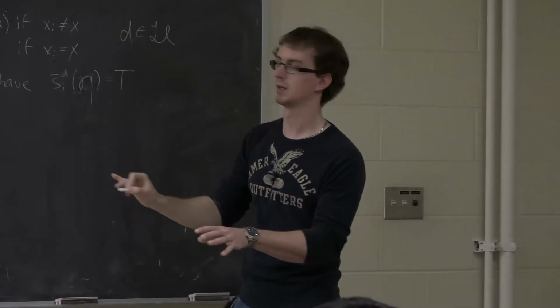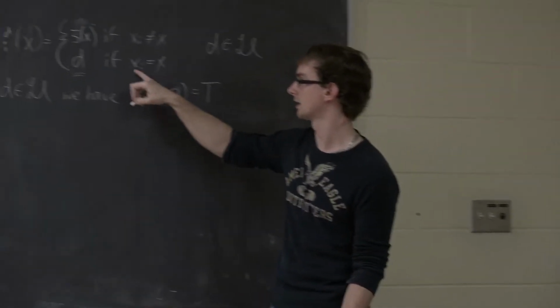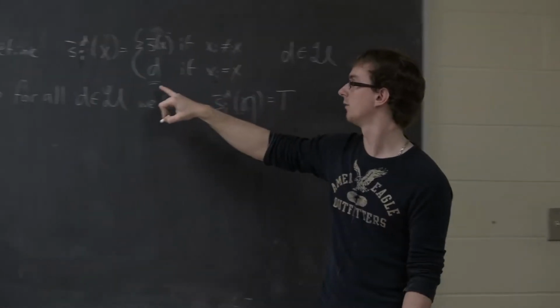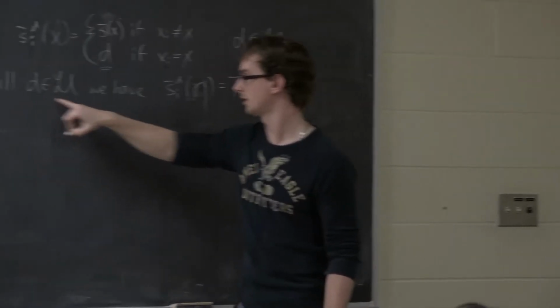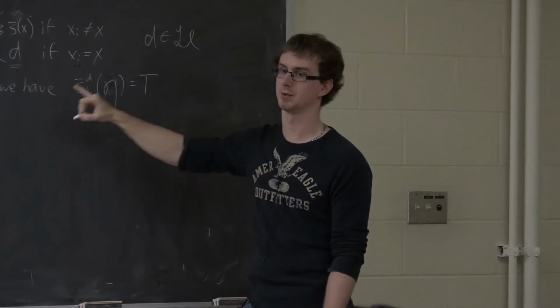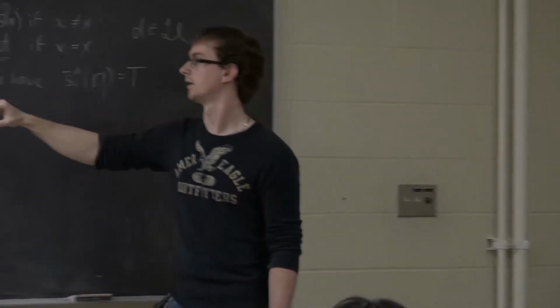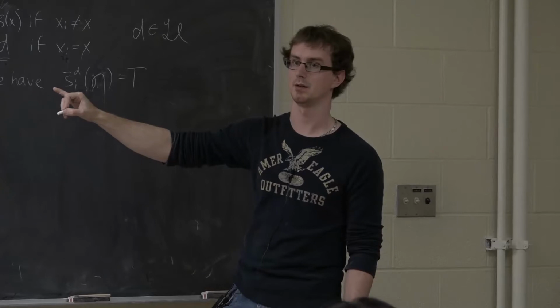We fixed i. Then we go into eta and say anytime you see xi, replace it with the value d. We do this for all possible d, and if it returns true under each one of these possible substitutions, then we say it's true. Is that clear?